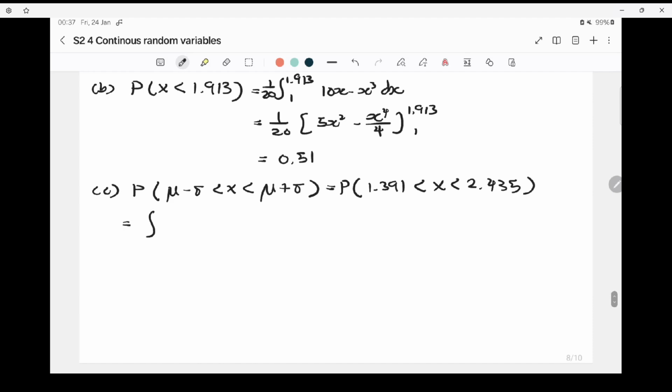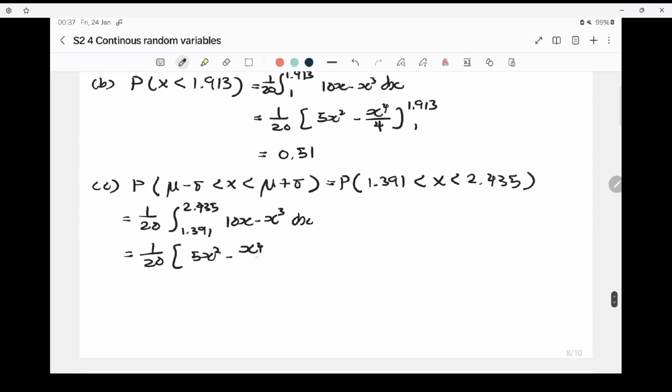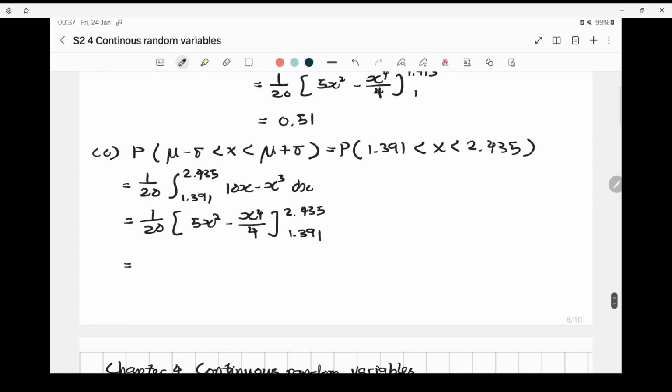So then what you need to do next is just to integrate this from 1.391 to 2.435, 10x minus x cubed dx. So this will be 5x squared minus x to the power 4 over 4. And you can calculate that.